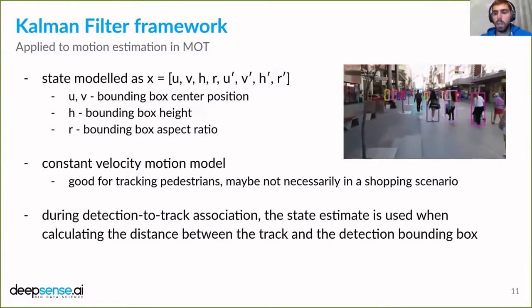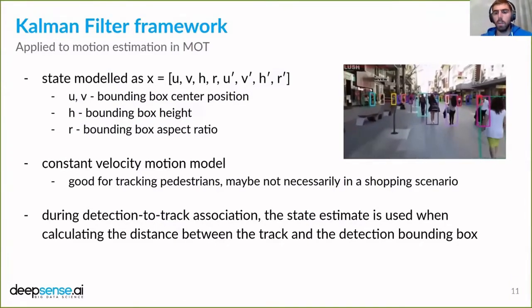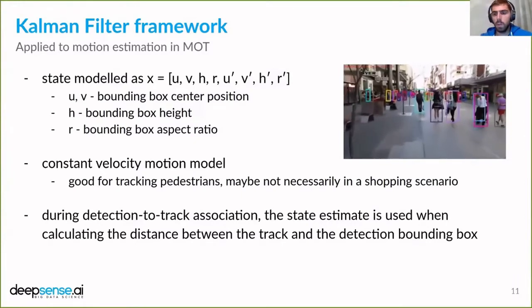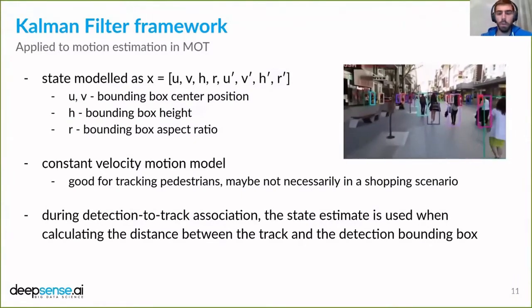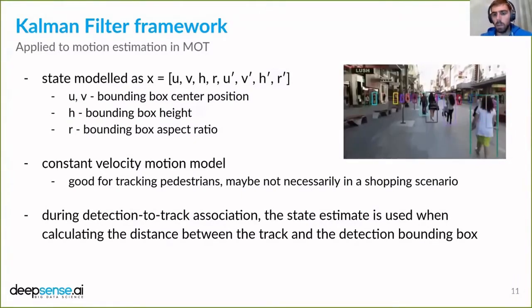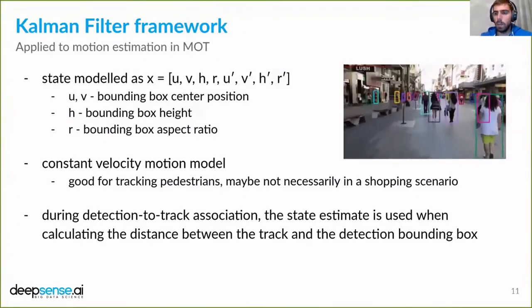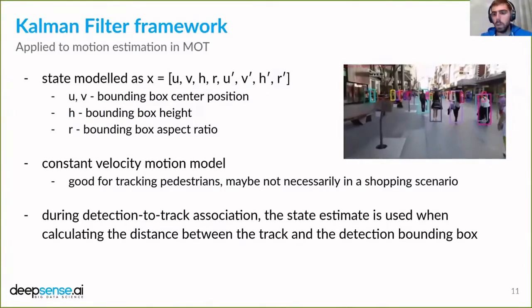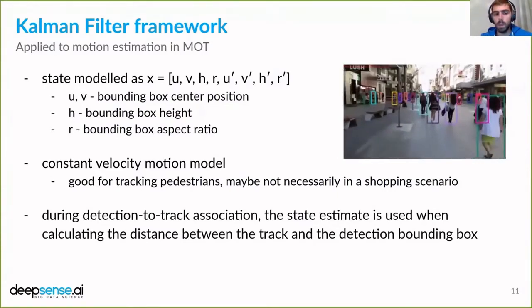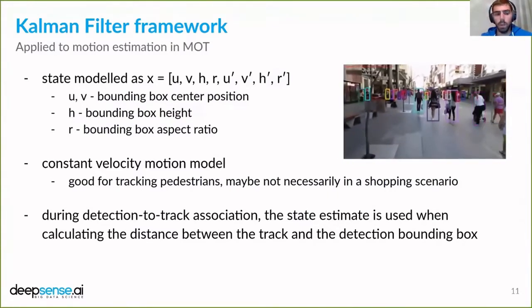But maybe it's not necessarily the optimal choice for describing the dynamics of people moving around in a shopping scenario. But as I said, this was a proof of concept project.